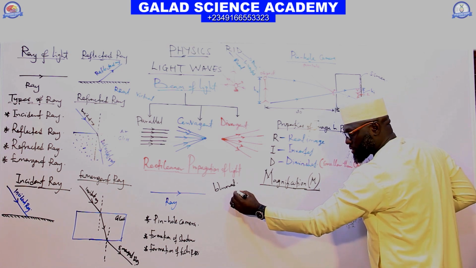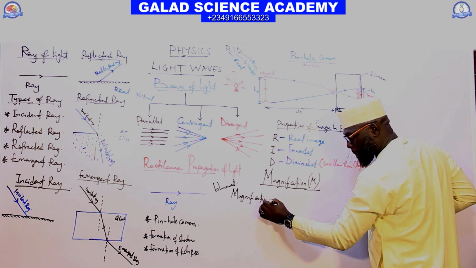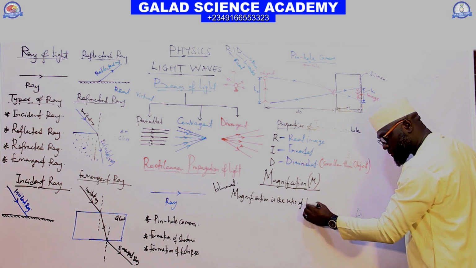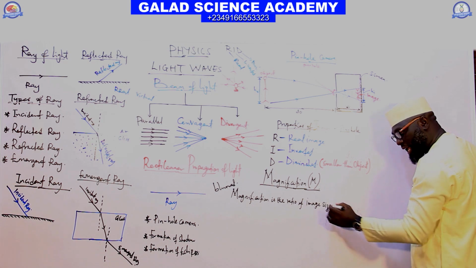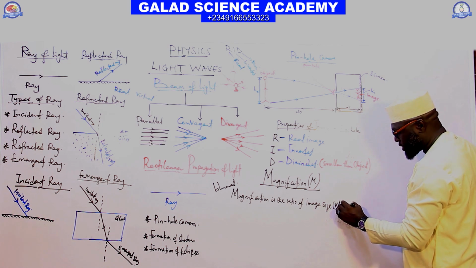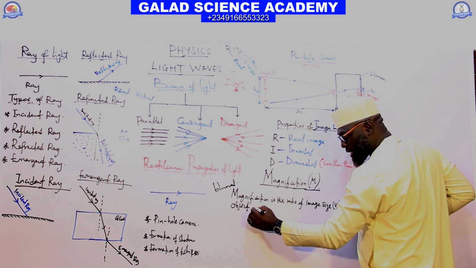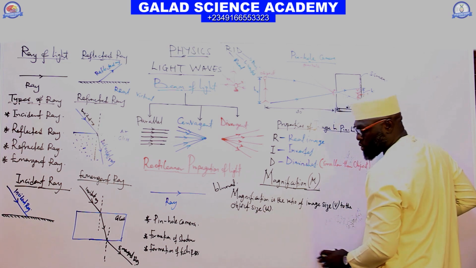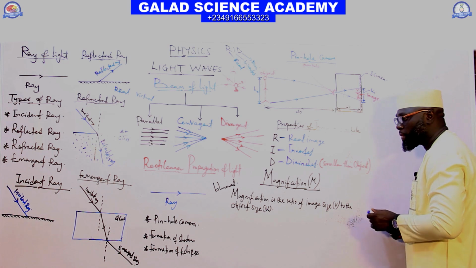Magnification is the ratio of image size, which is V, to the object size. Talking of object size is known as U.